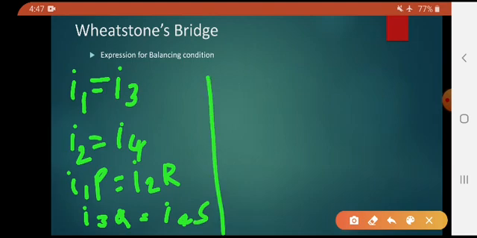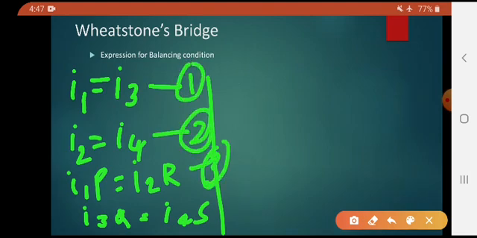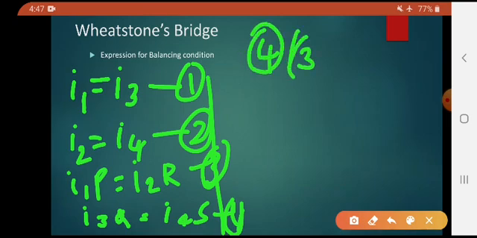We got these equations from applying Kirchhoff's first and second laws to the junctions and loops. So for example, consider this is equation 1, this is 2, this is 3, and this is 4. Now do the 3 by 4.